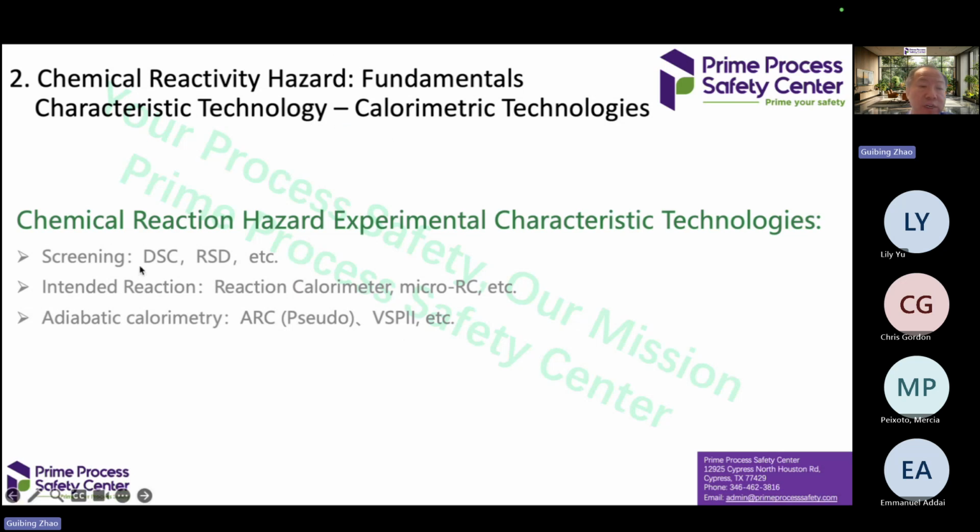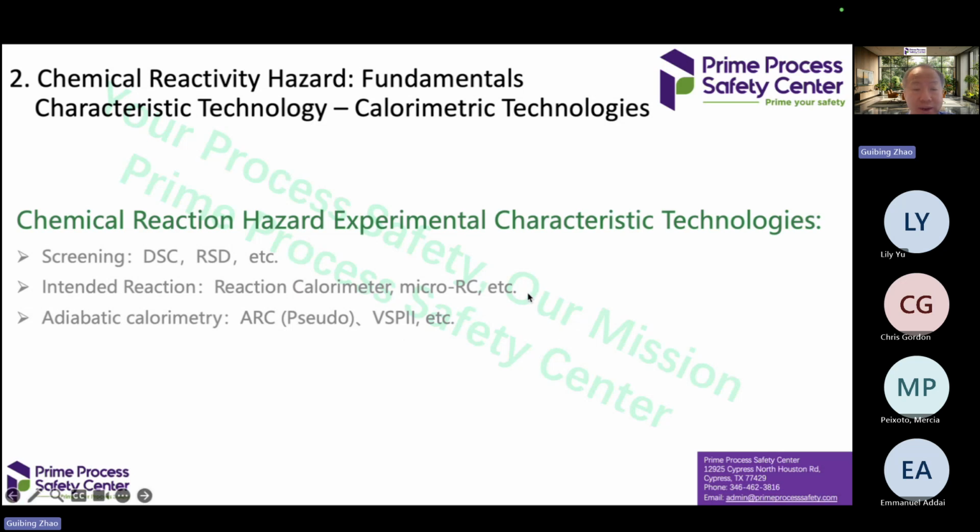For example, screening tests such as differential scanning calorimeter, this type of testing equipment. For intended reactions, we usually need a reaction calorimeter or micro reaction calorimeter to identify the reaction heat.